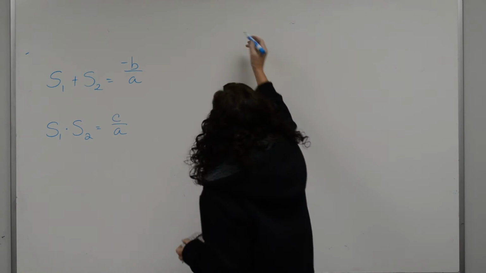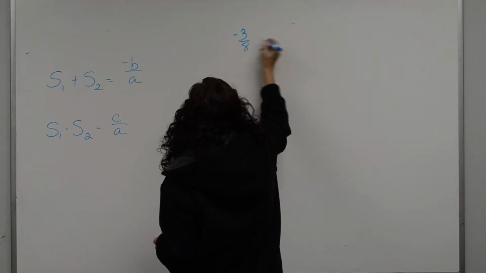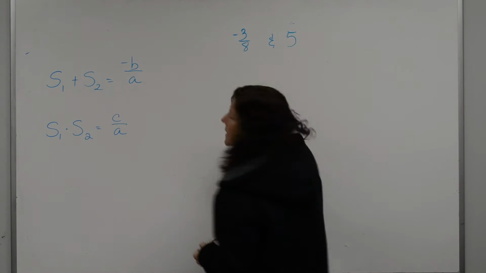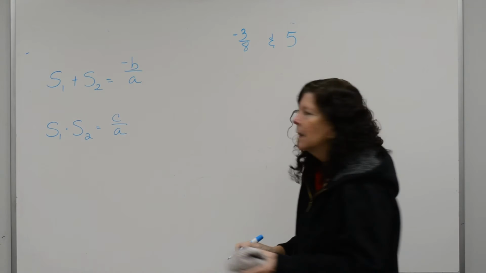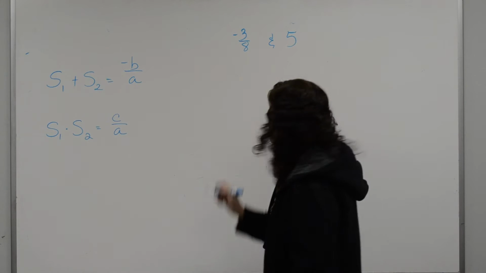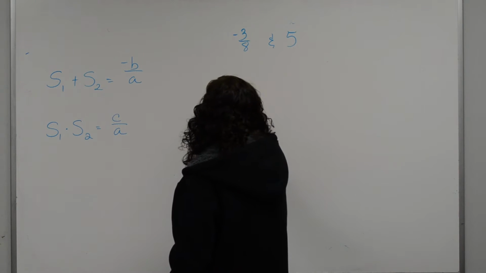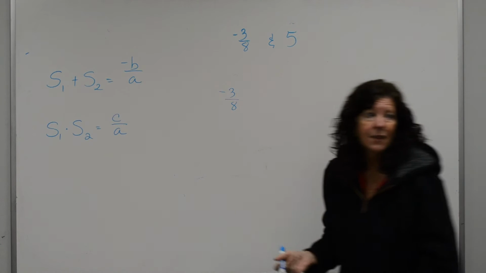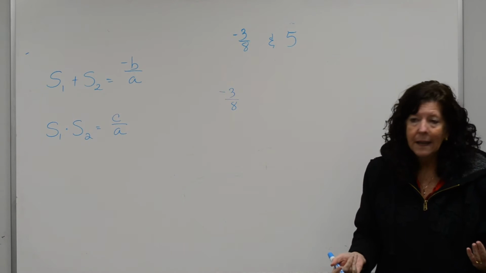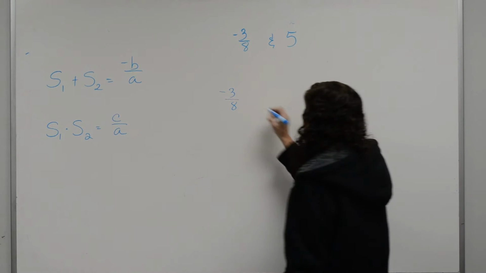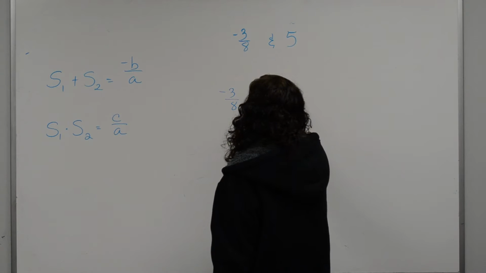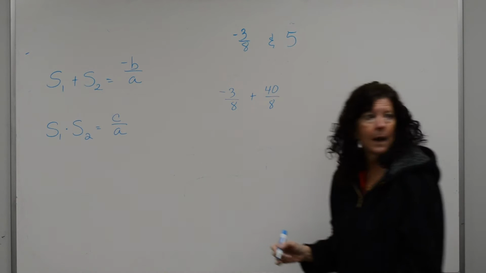Let's say I have negative 3/8 and 5 as my solutions. Now, first thing I've got to do is add them together. Negative 3/8, and 5 doesn't have a common denominator, so I'd have to make it have an 8 as a common denominator. So I can write that as 40 over 8, correct?